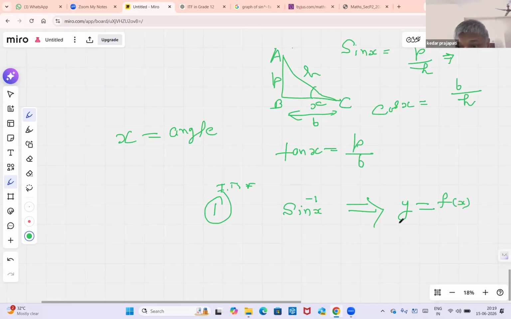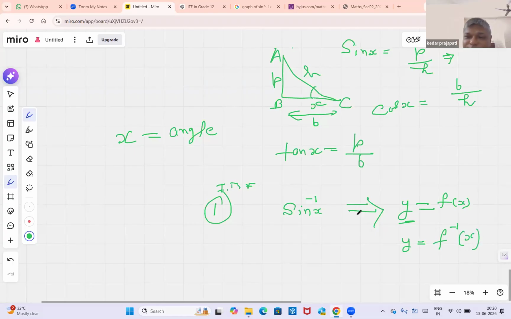So y is a function of x. Its inverse will be written as what? In place of f, you will be writing f inverse.